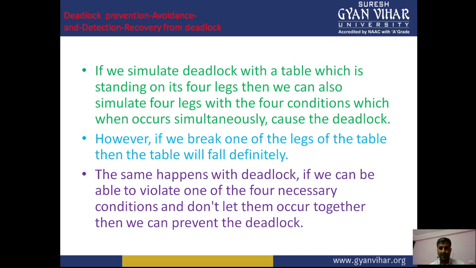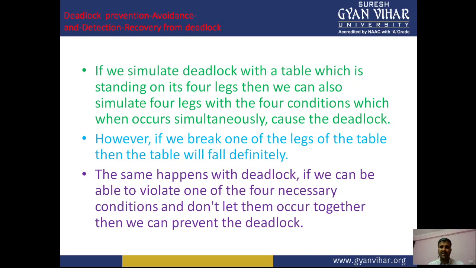So if we revise our topic with the help of a few important points in prevention, we considered an example of a table. Suppose a table has four legs, and if you break one of the legs, then the table can fall down, right?